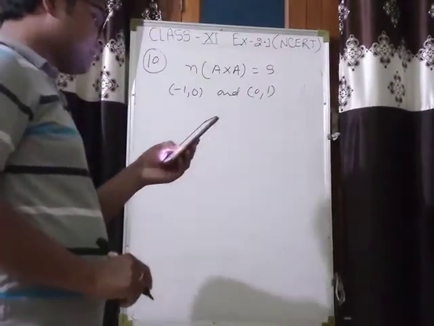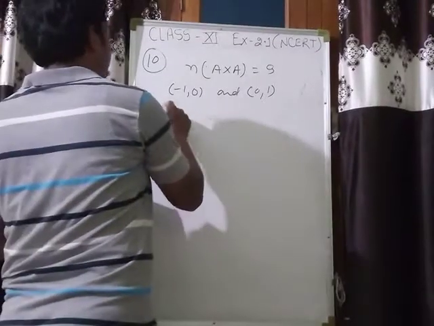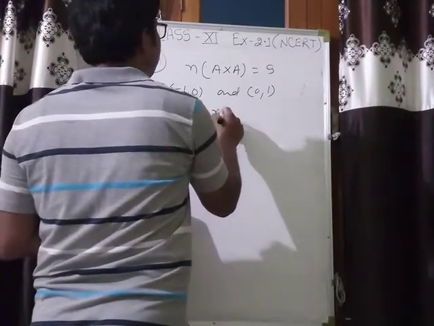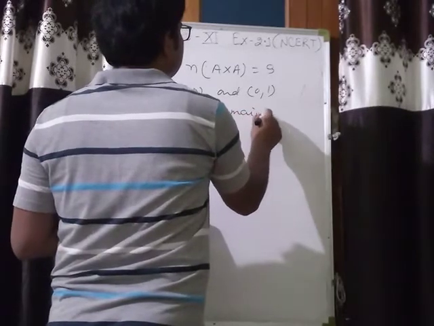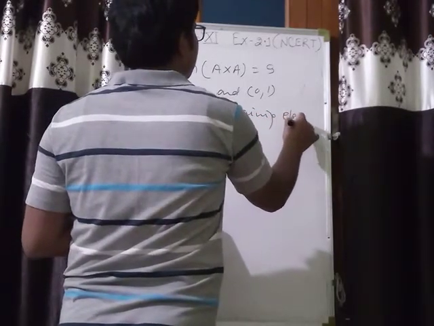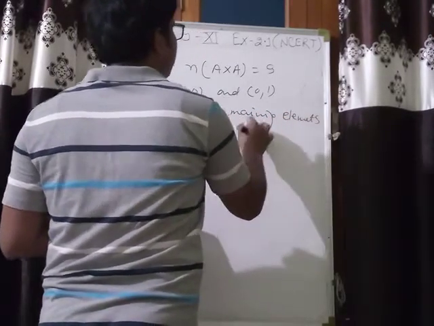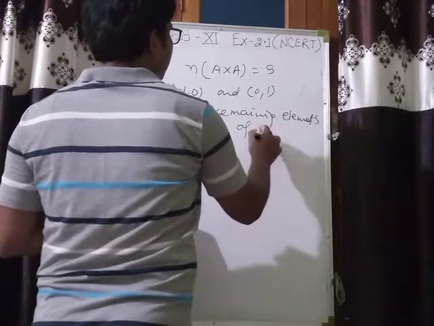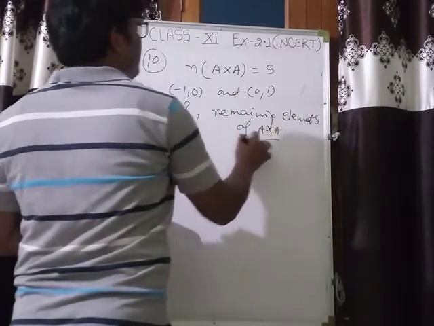Find the set A and the remaining elements of A cross A. Very easy question.